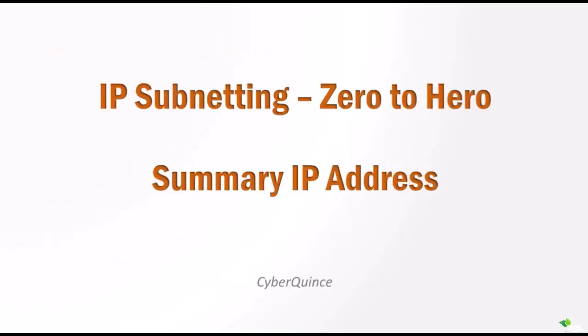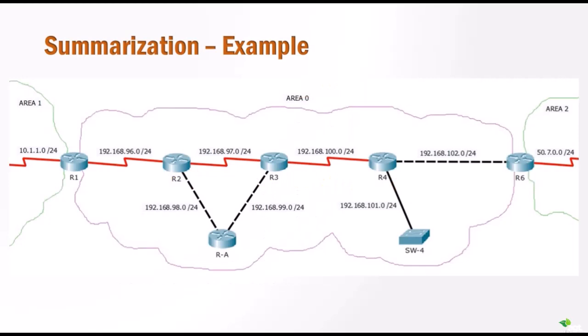Let me go back to the first slide. Okay, so let's imagine that this Area 2 network has a couple more routers in it, and that one of the subnets is this 192.168.103/24 network.